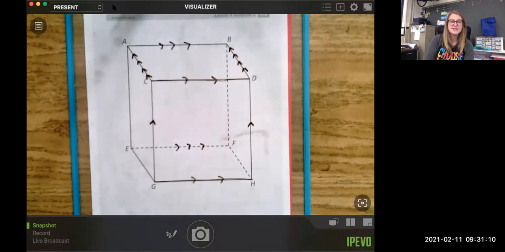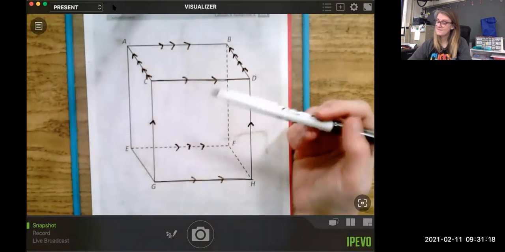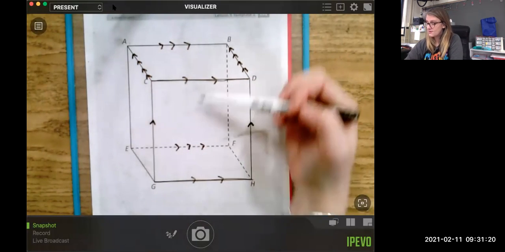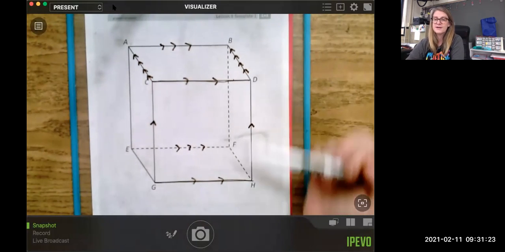How do you know these edges are parallel? I know they're parallel because they have the same distance from each corresponding point.